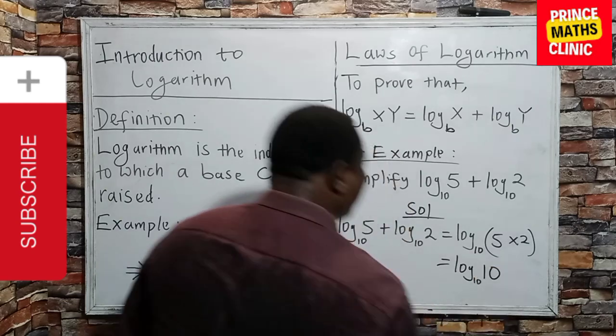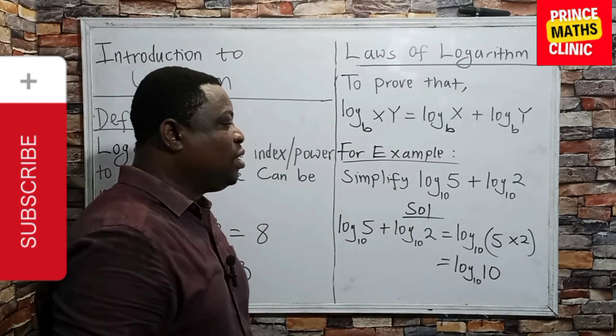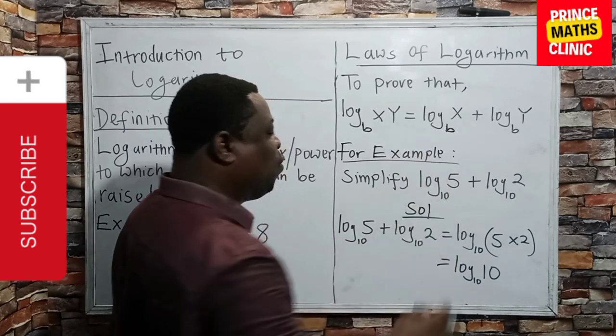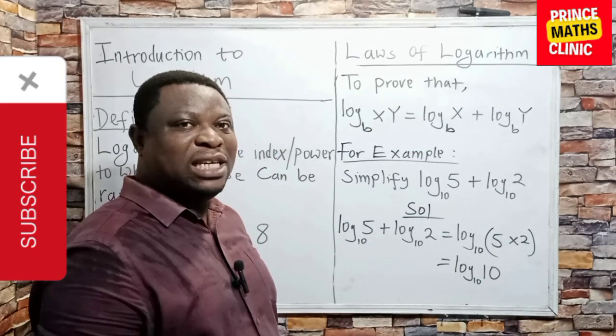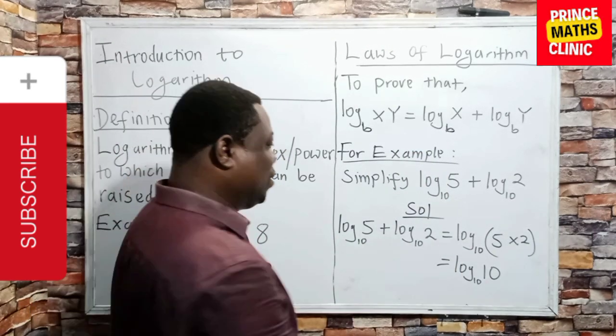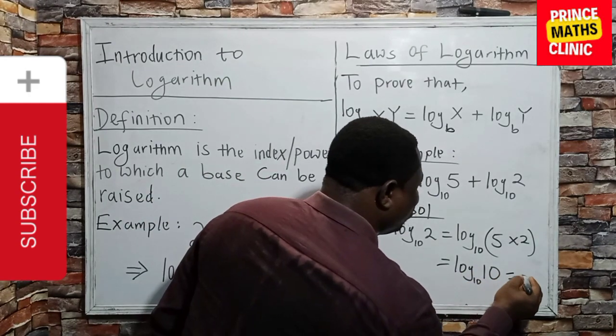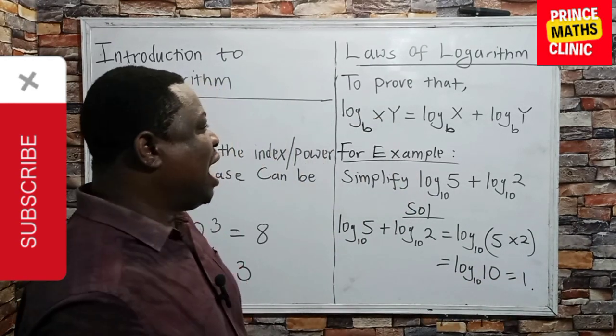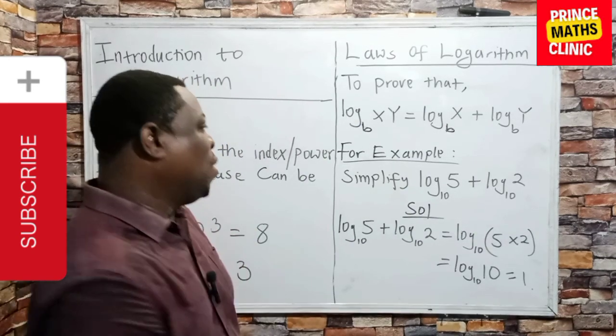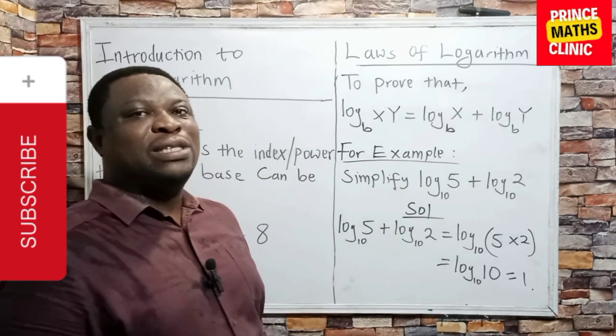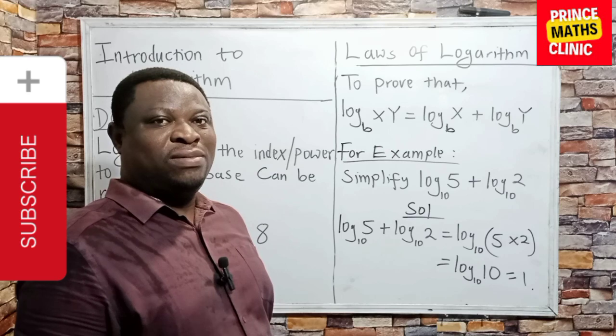You get 10. Interestingly, in the process of proving this law, we saw that when a log and a base are the same, it becomes 1. So log 10 base 10 is equal to 1. That is a simplification of this particular question.